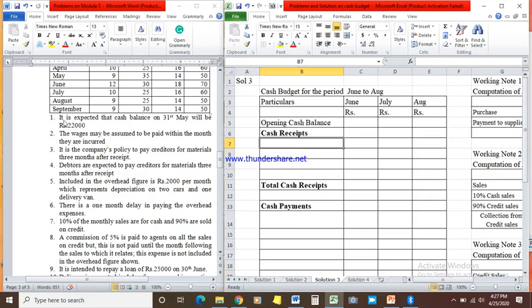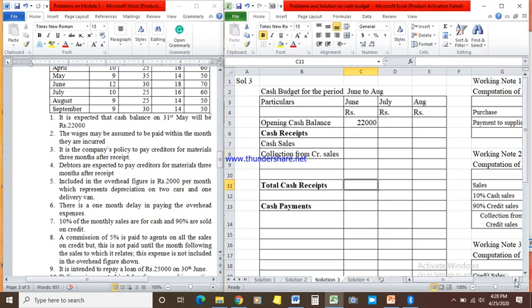Now the opening balance: since we are preparing June, July, August, the opening cash balance in June will be the closing balance mentioned here on 31st May. So the opening balance is 22,000. Under cash receipts, we have cash sales and collection from credit sales. Only these are the two items in this problem.